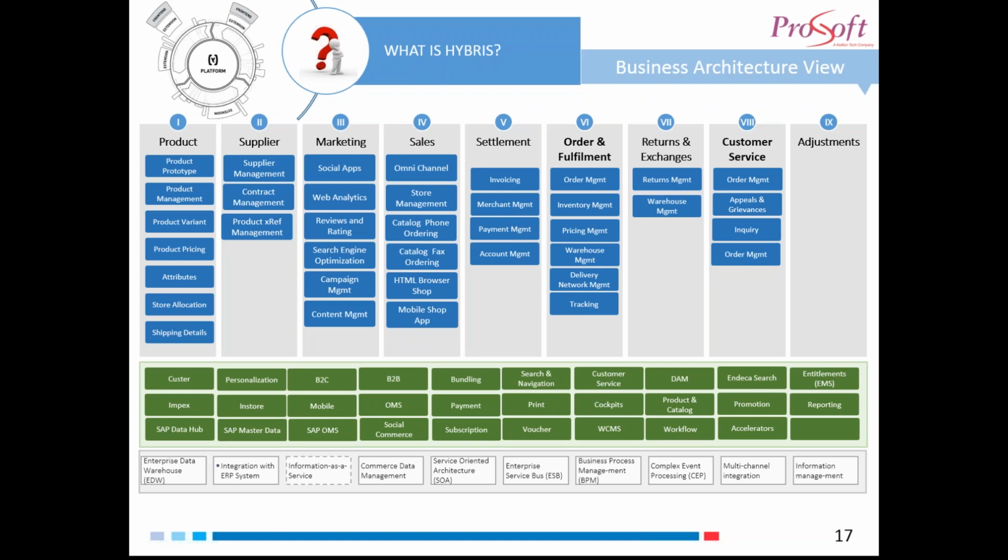And underneath, in green, I have put together all the modules which come from Hybris. You can easily spot how these modules align with your business portfolio. This gives you a way to construct a business architecture. And then underneath, we know there are all the platform technologies.